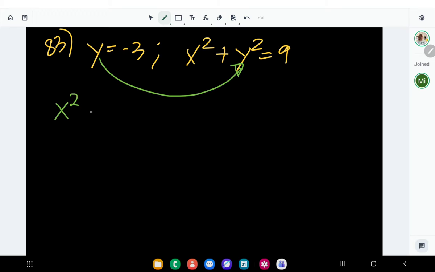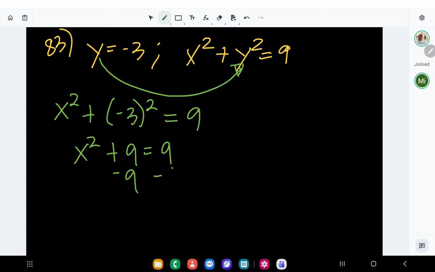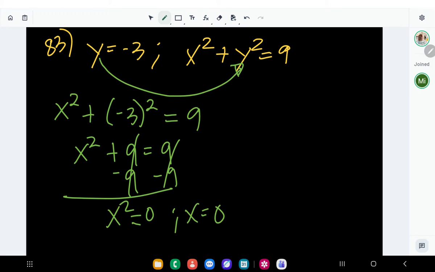So this would become x squared plus negative 3 squared equals 9, right? Then what is negative 3 squared? Okay, plus 9 equals 9. Then subtract 9, 0, right? So x squared equals 0. So x is equal to 0. So that's it. X equals 0, y equals negative 3.